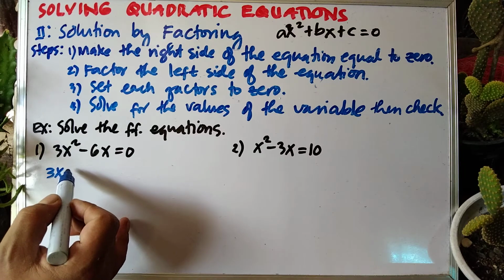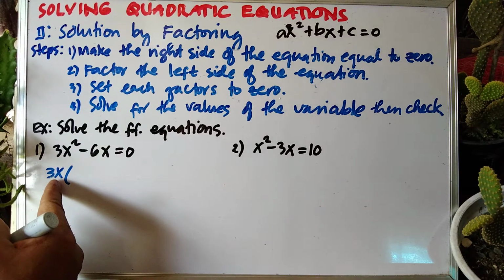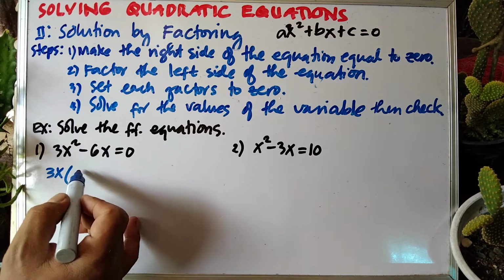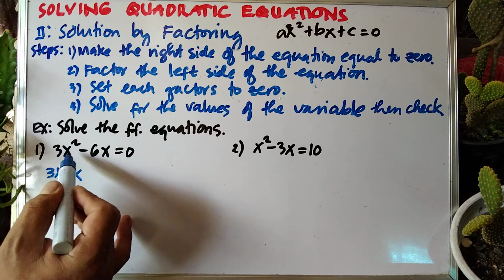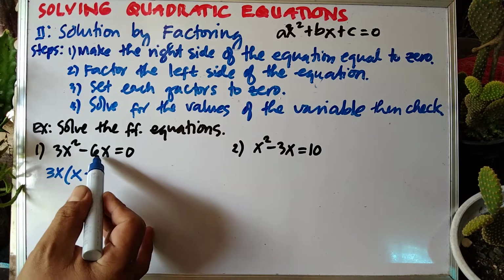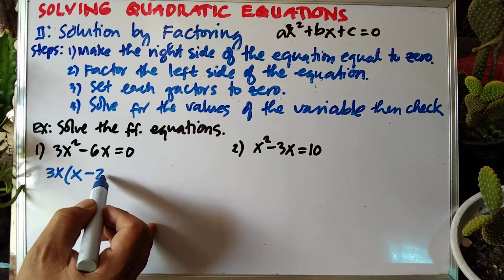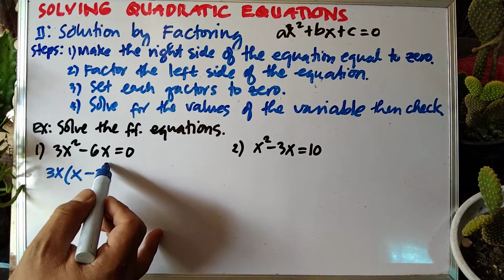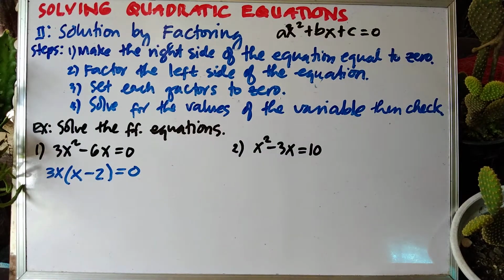For the variable, we have x. Now, what is left in 3x squared? If we move out 3x, you only have x, correct? Because 3x times x is 3x squared. You copy minus. 6x divided by 3x: 6 divided by 3 is 2, correct? x divided by x is 1, so 2 na lang siya. So we have 3x times the quantity x minus 2 is equal to 0.